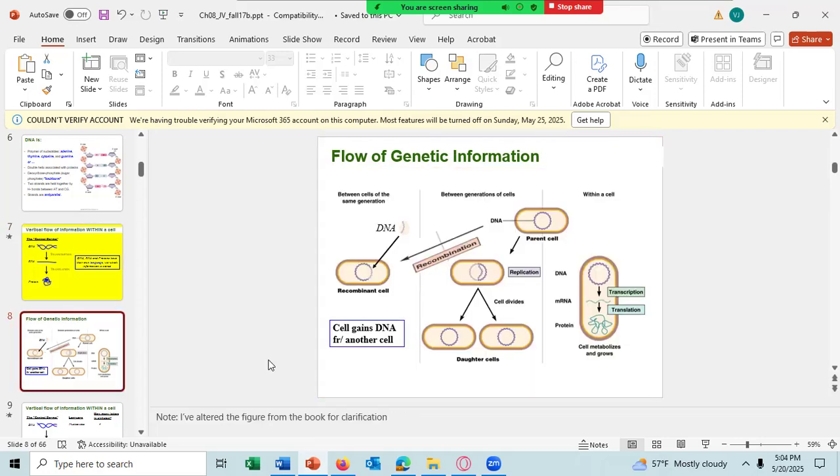So that's within a cell. The information flows from DNA to messenger RNA to protein, but you can look at the information flowing between generations of cells, or for humans, we could say between parent and offspring. It flows from a parent cell to the DNA, which then replicates and divides into two and moves to opposite ends of the cell, and the cell divides into two daughter cells.